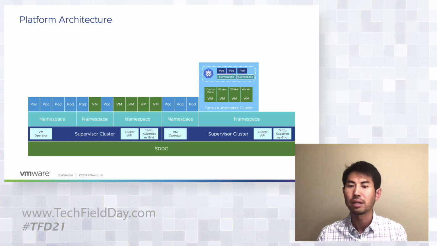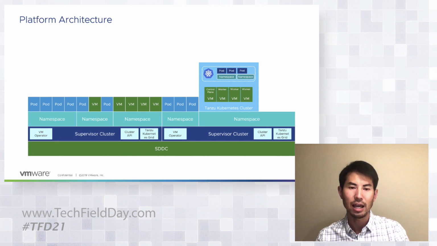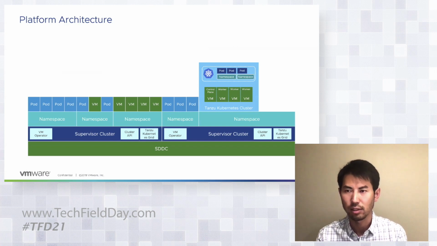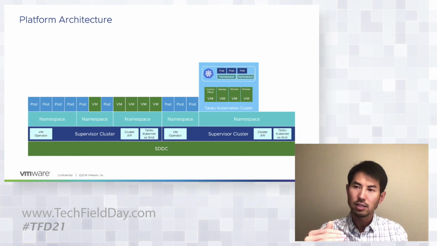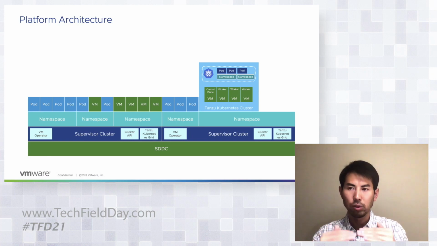You can also have a mix of regular vSphere clusters, which do not have the supervisor cluster enabled, with other vSphere clusters which are supervisor clusters. This just shows the relationship between the SDDC and the supervisor cluster, and the namespace and all of the objects you can deploy within a namespace.